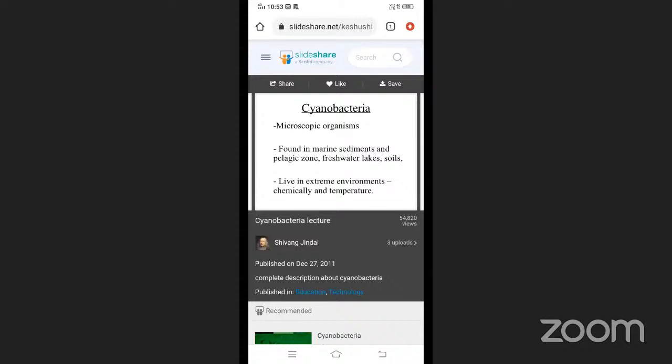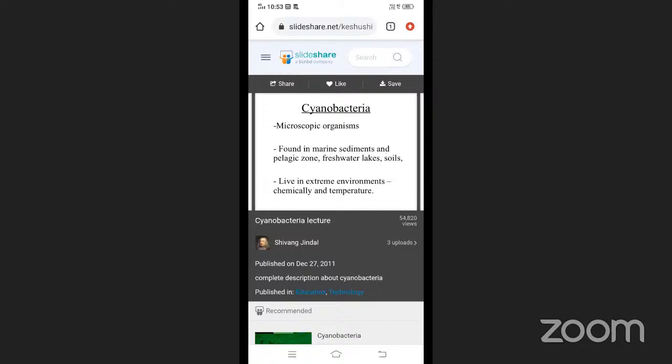Mitochondria is present, 70S type ribosomes are present, some cytoplasm is also there, and a vacuole is also present. So this is the structure of the cyanobacteria. Chlorophyll A, phycobilins and phycoerythrins are also there.